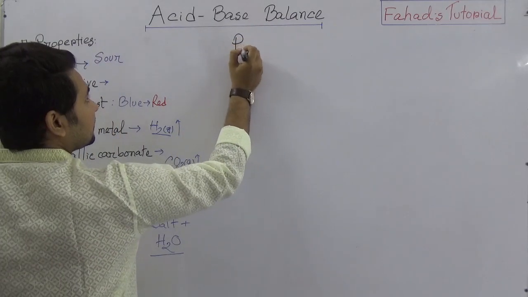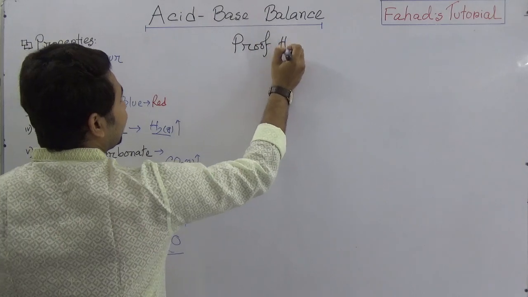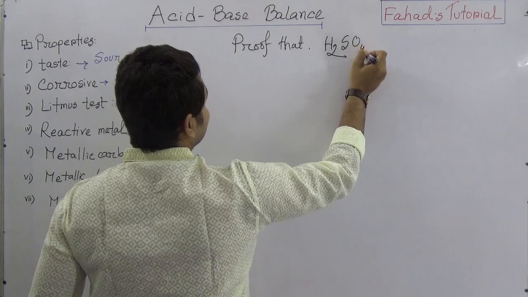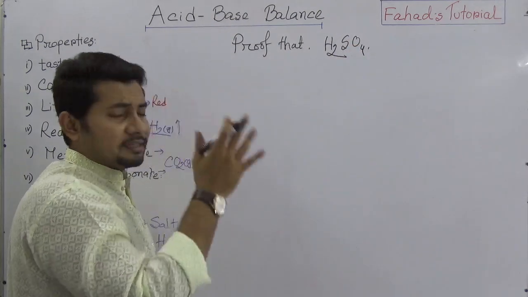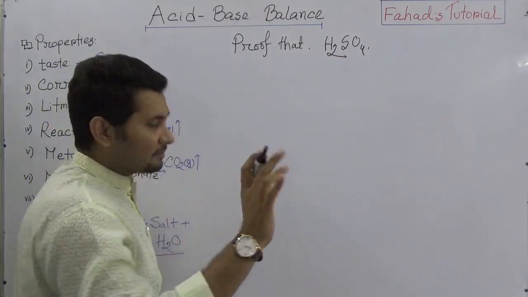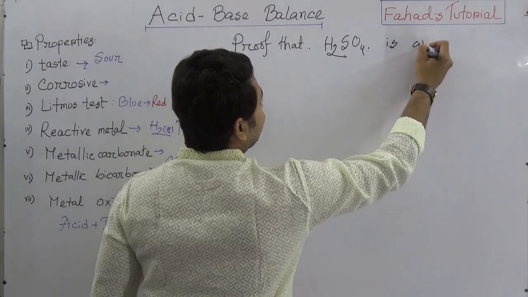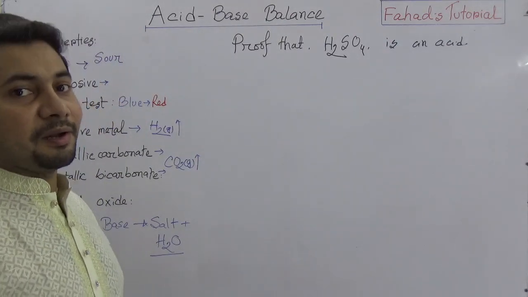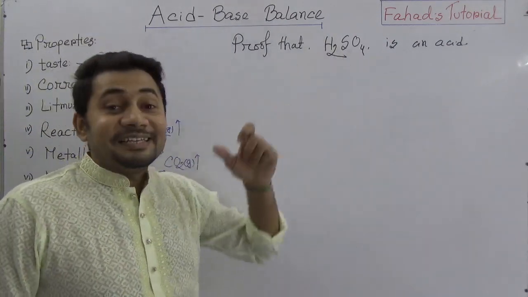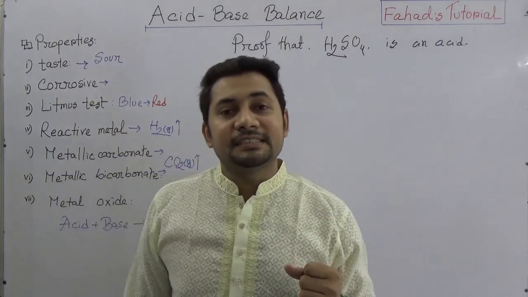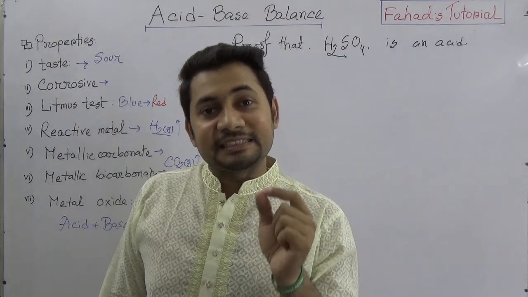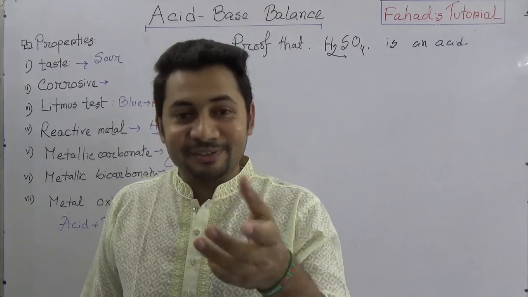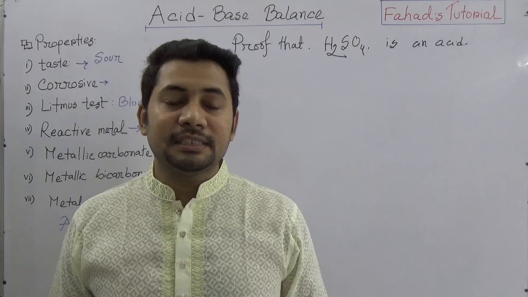So if the question is prove that H2SO4, or whatever you may think about, HCl, HNO3, whatever, is an acid, we must say number one: in case of testing the acid, you must not practice these in the laboratory. If you try to test every test of acid, then you might not find a ton.